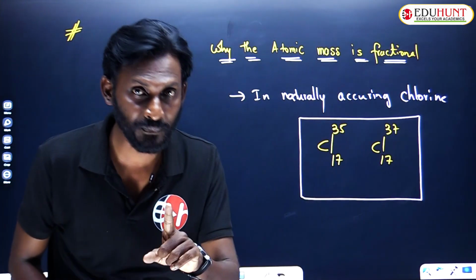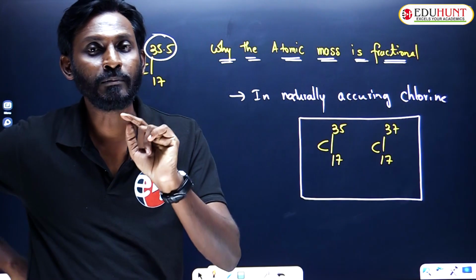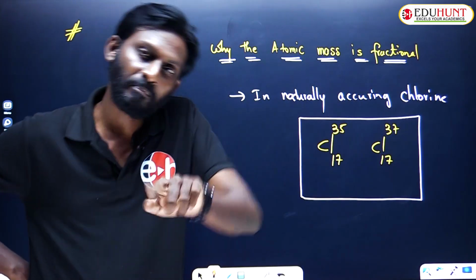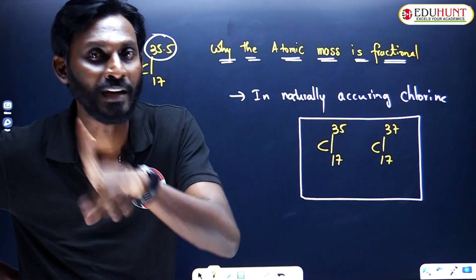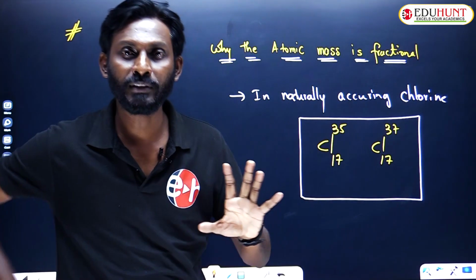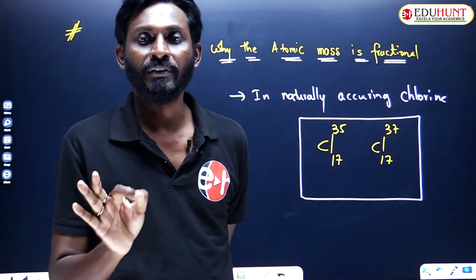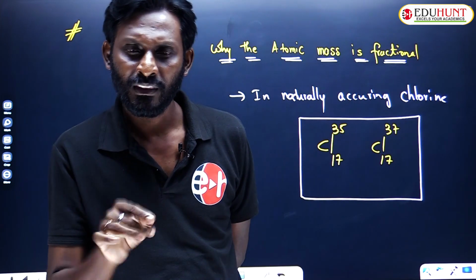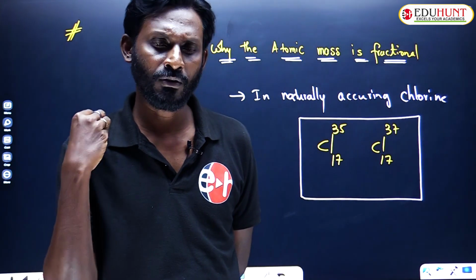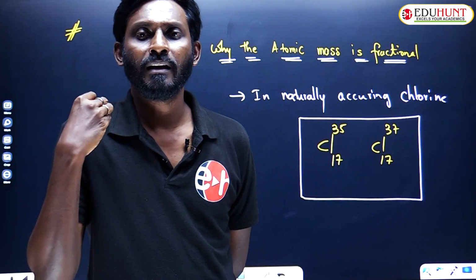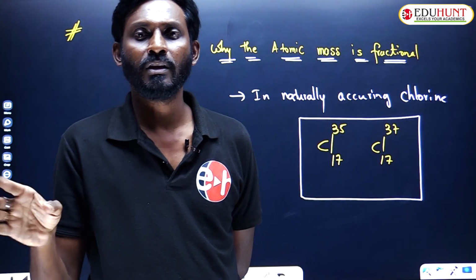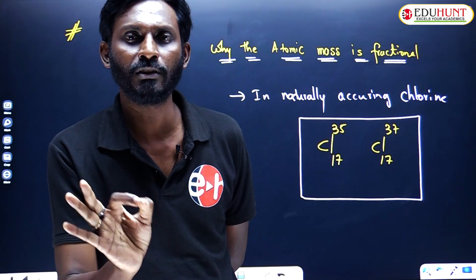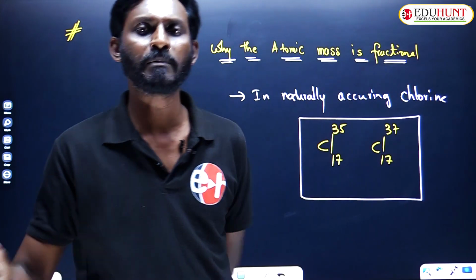Yes, I told you. For an atom to be identified as an atom of a particular element, the proton number is important. I told you in the previous video, if the number of protons in the nucleus is 6, then it's carbon, no matter what the number of electrons or neutrons is.